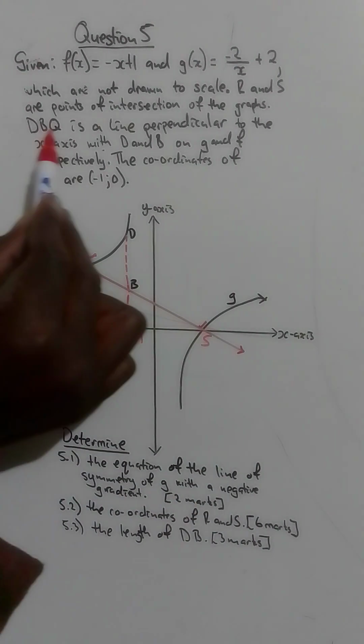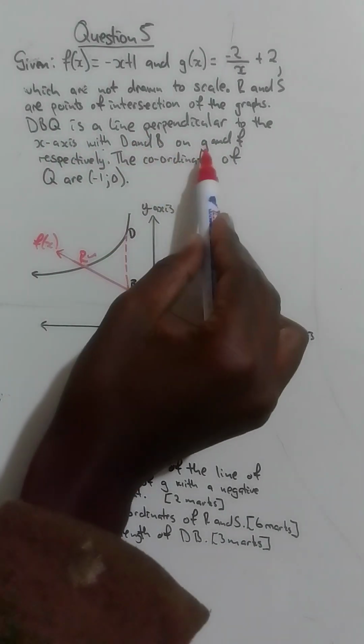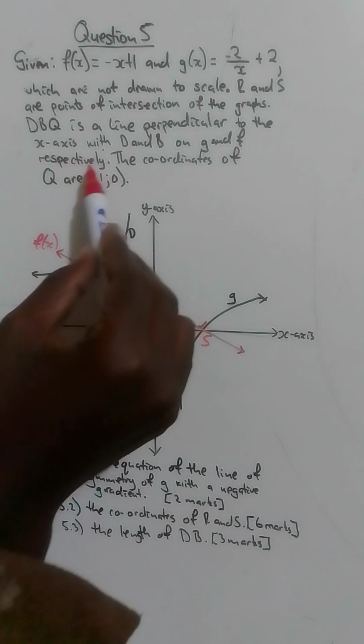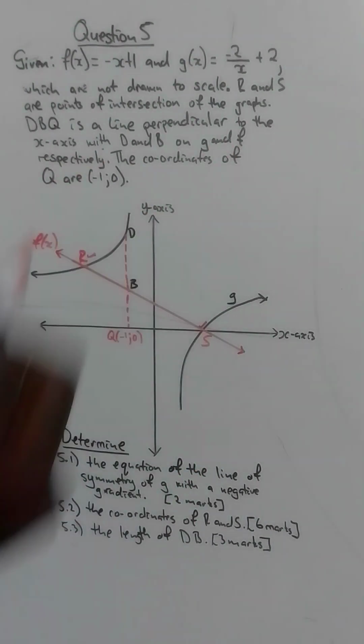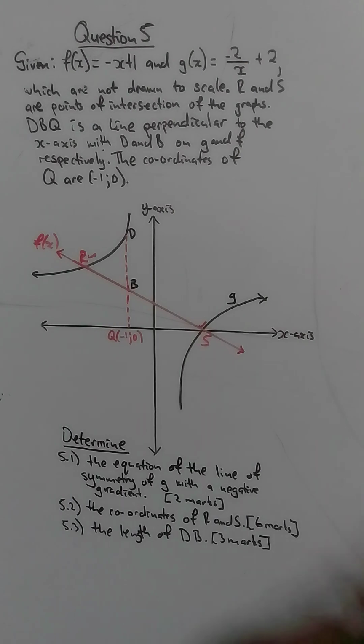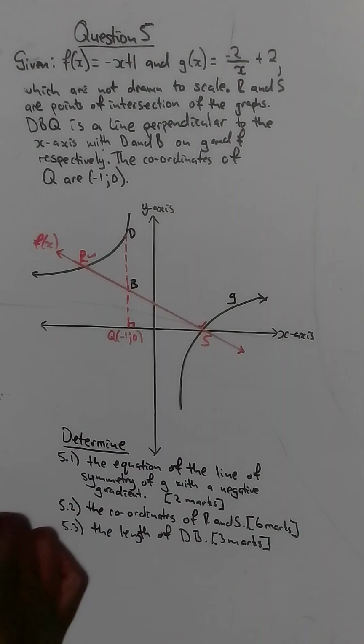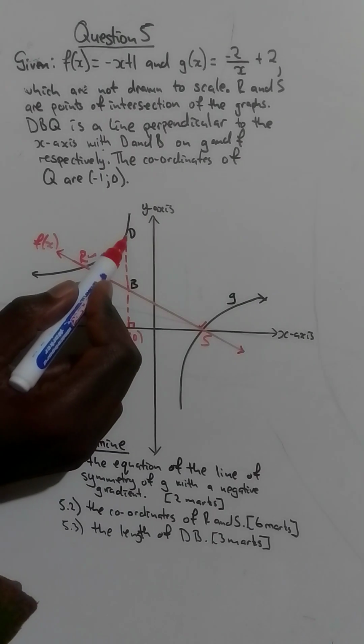And then we are told DBQ is a line perpendicular to the x-axis with D and B on g and f respectively. So we are being told that this line here is perpendicular, meaning that here we've got 90 degrees. And then point D is found where?